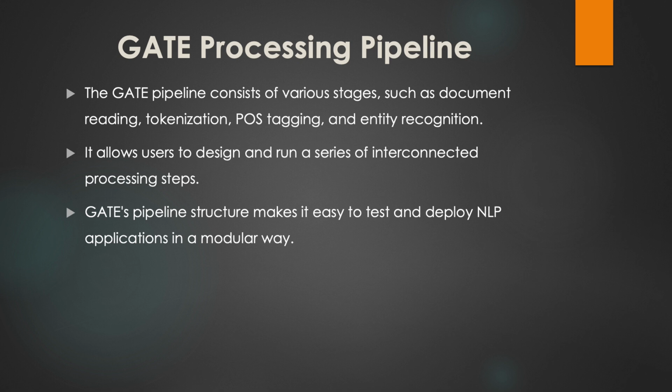What's great about GATE is it allows you to design and run the interconnected steps easily. You can quickly test and deploy your NLP applications in a modular way. Now that we have the understanding of the pipeline, let's move on to one of GATE's most important components, ANNIE.